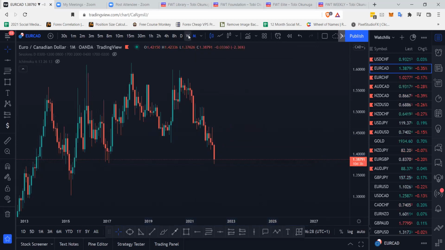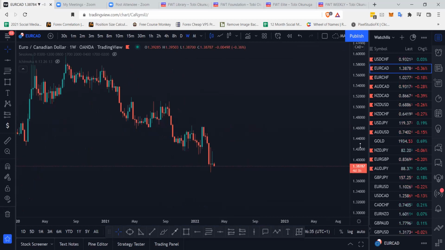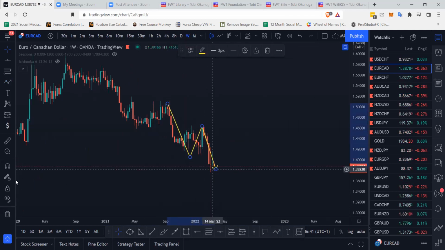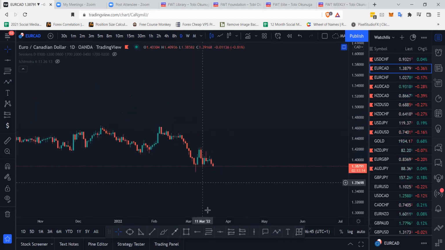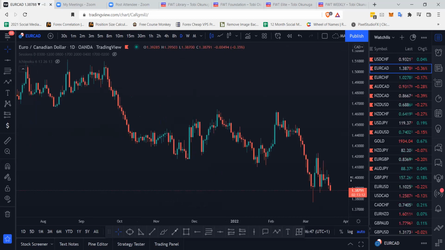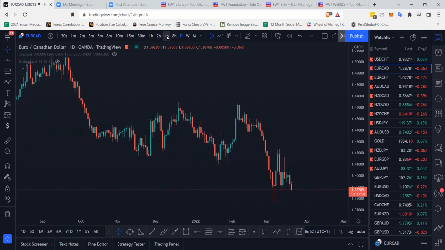Let's go to weekly. We are looking for buys on EuroCAD. Weekly is giving us this. Okay, so no buy setup on weekly. Let's go to daily. No buy setup on daily. Let's go to 4 hours.